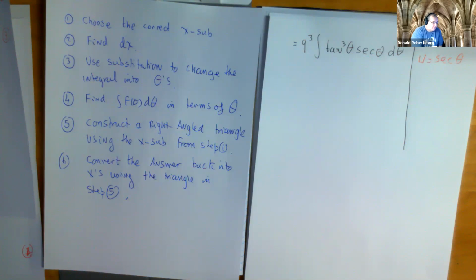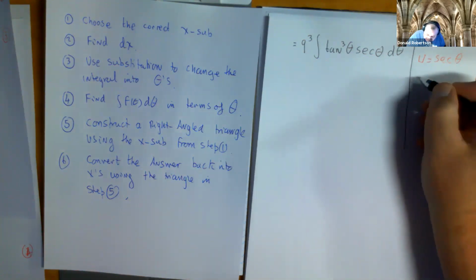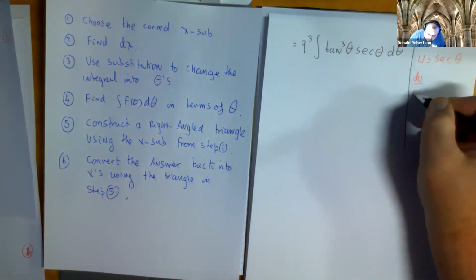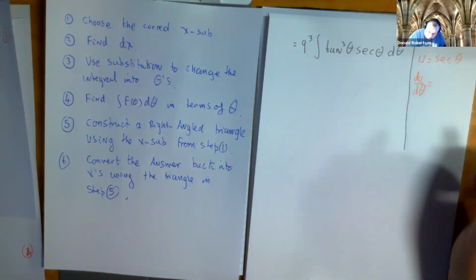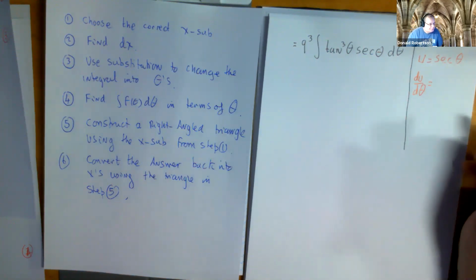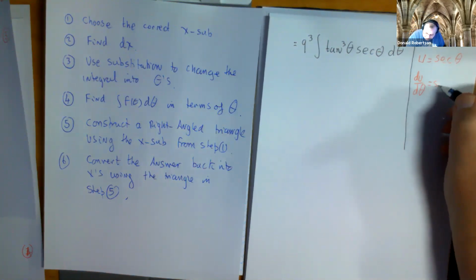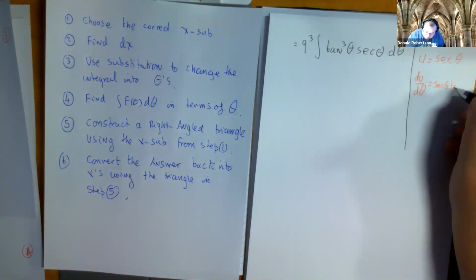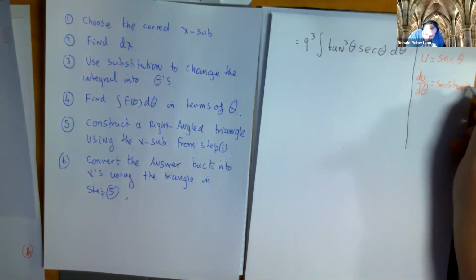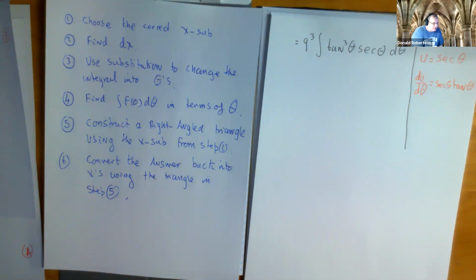No. Yeah, that's why I wouldn't choose it. But what's the derivative of secant theta? Secant theta, tan theta. Right. Have you noticed how much trig identities and trig derivatives and eventually trig integrals you need to be able to keep in your head here just to do this question?